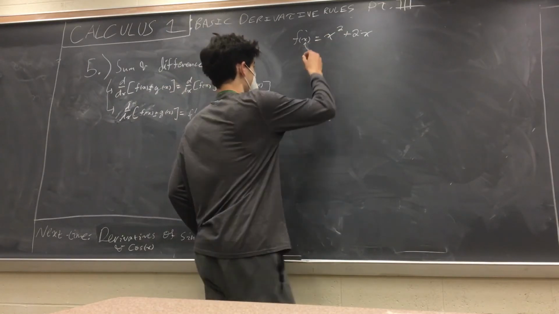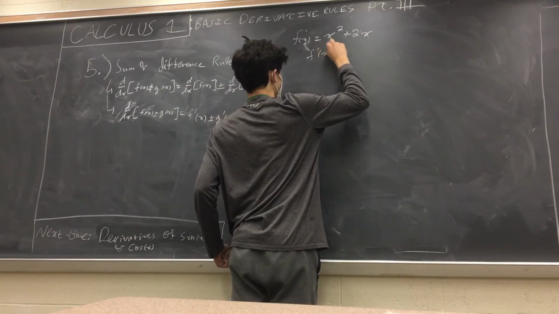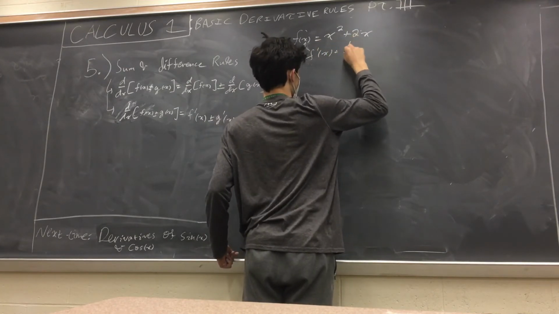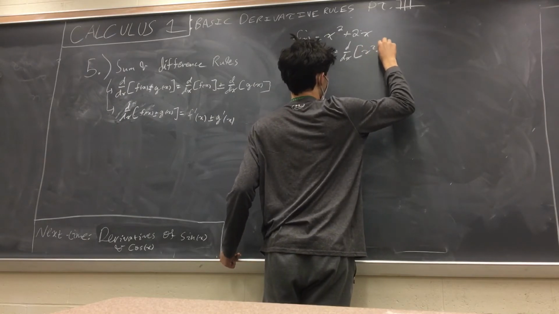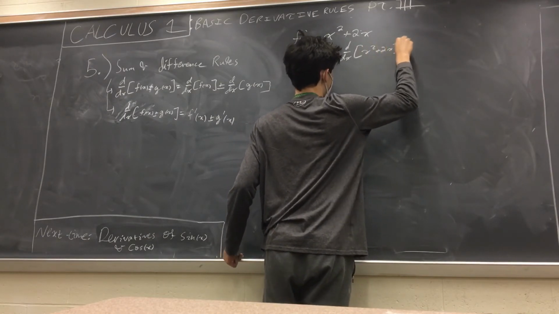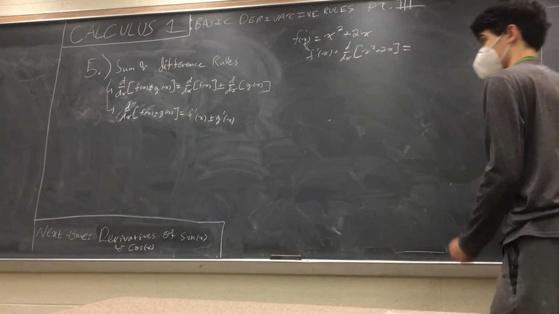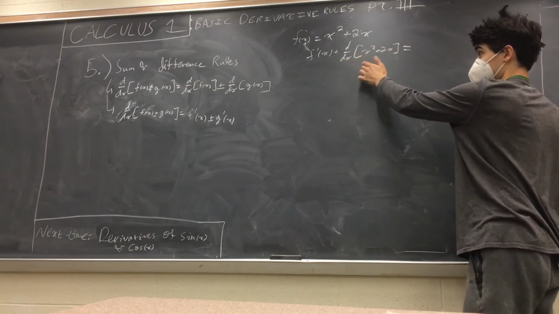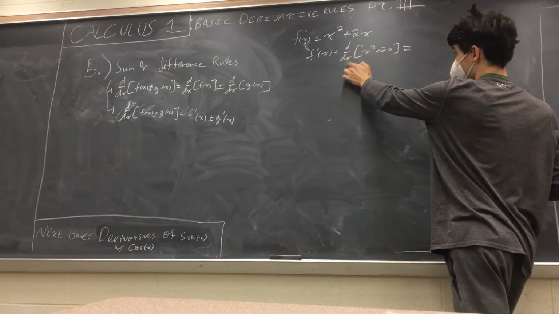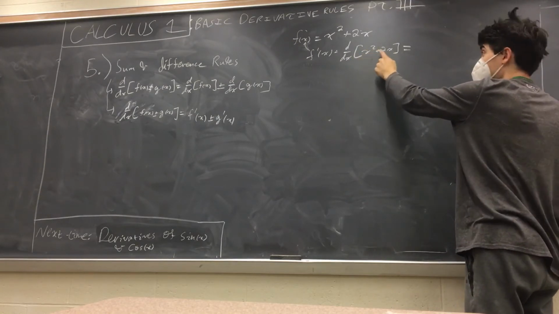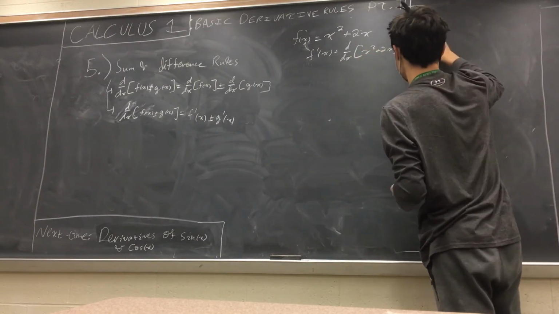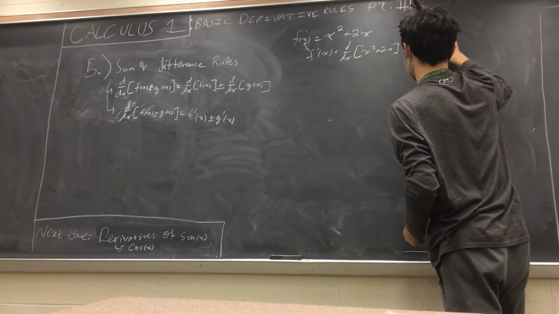If you want to take the derivative of this, f prime of x is d/dx of x squared plus 2x. Now we know from the sum and difference rule that the derivative of x squared plus 2x is equal to the derivative of x squared plus the derivative of 2x.